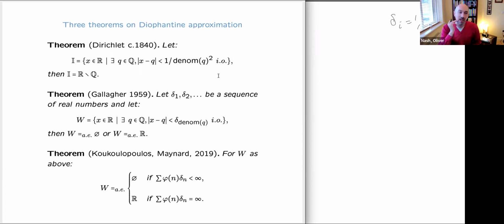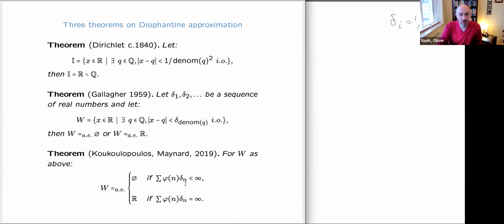Okay, so as soon as you have Gallagher's theorem, you might say, fine, given a sequence of reals, which are my error terms, like maybe it's 1 over i squared as Dirichlet had, or maybe it's some other sequence, I know that it's almost all numbers or almost no numbers, but which is it? And just a few years ago, there was a breakthrough. Koukoulopoulos and Maynard proved a theorem which gives the exact characterization.